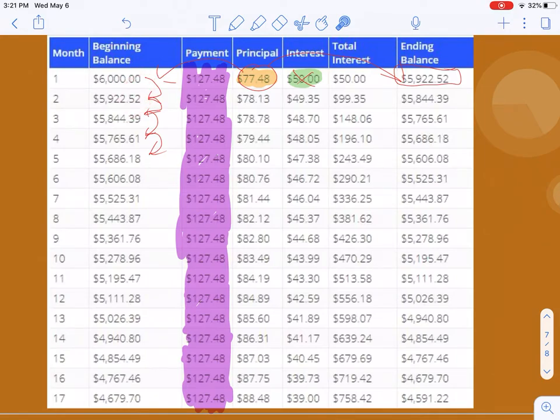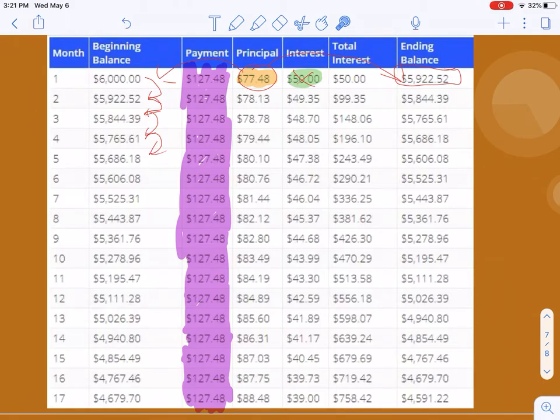So even though you're paying $127 each time, what's happening is your interest rate is now being applied to $5,922.52. So it's not being applied to $6,000. Down here on month 10, the interest is being applied to $5,278.96. It is not being applied to $6,000.